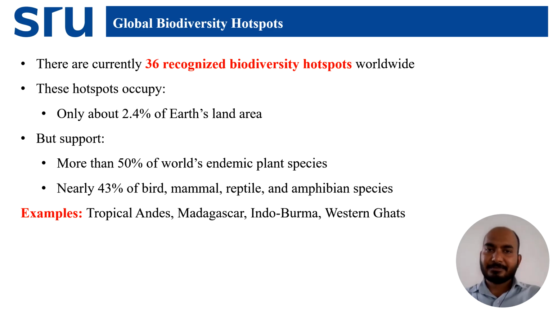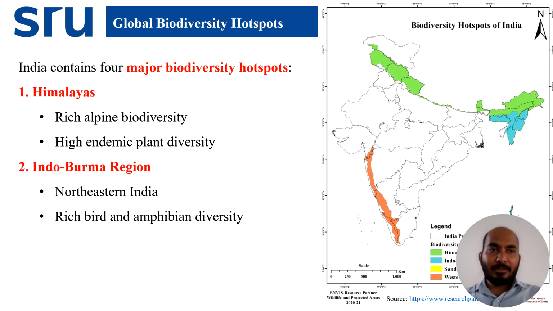You can see the figure of biodiversity hotspots of India. India contains four major biodiversity hotspots. The first is the Himalaya and the second is the Indo-Burma region. The Himalayas have rich alpine biodiversity and high endemic plant diversity.